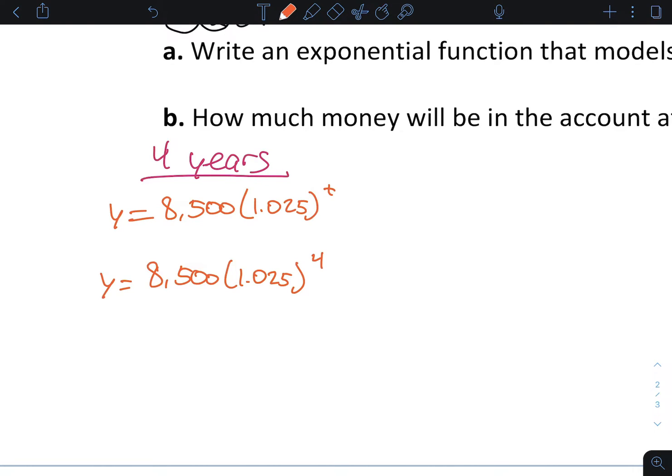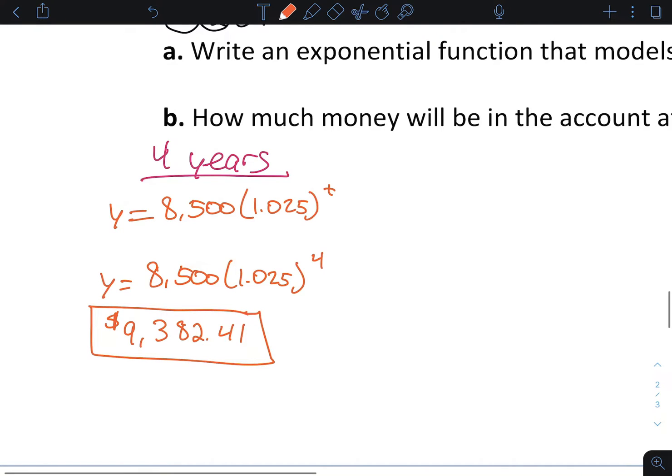So that means after 4 years, I'm going to have 9,382 point, my calculator says, 0.40957. Normally, I want you to keep 3 decimal places. However, we're talking about money, so let's just keep 2. So after 4 years, $9,382.41. That's pretty good.